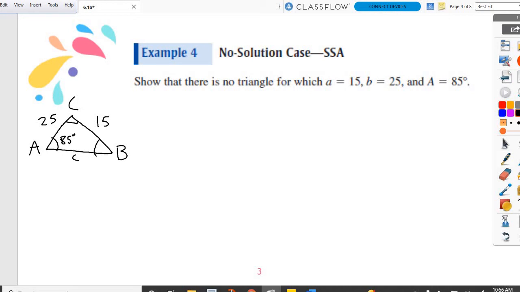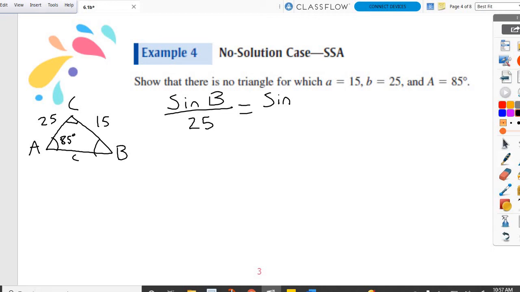So we have sine of big B over little b, which is 25. And what's that going to equal? So I'm setting up my ratios. What ratio do I have to use? 85.